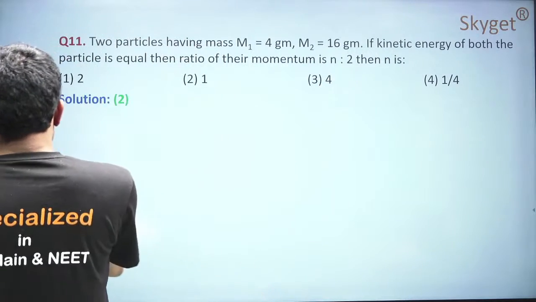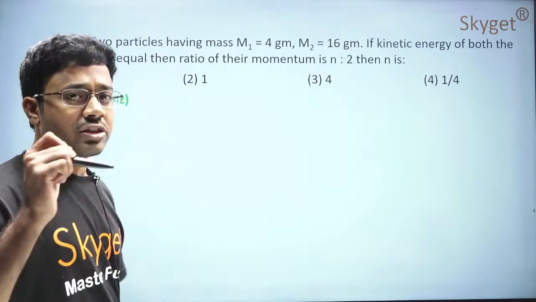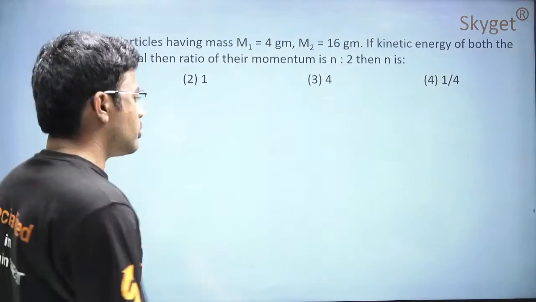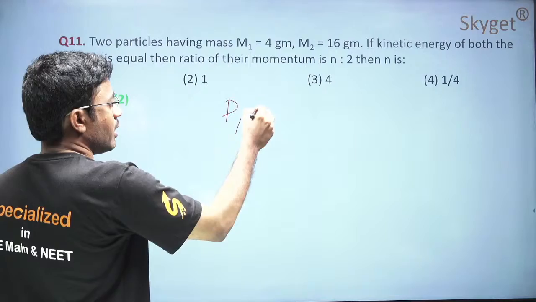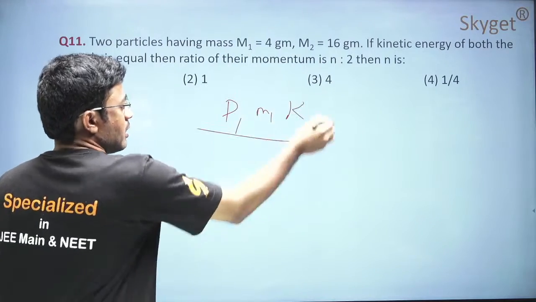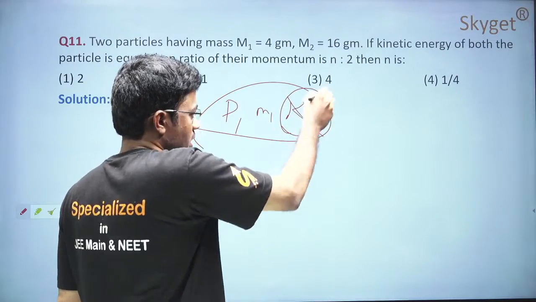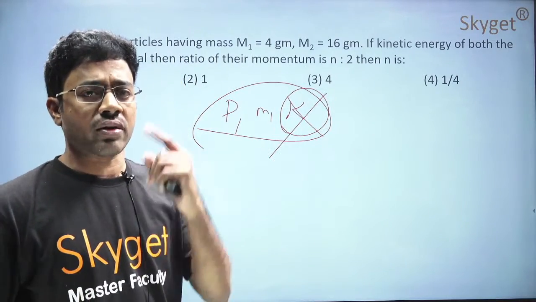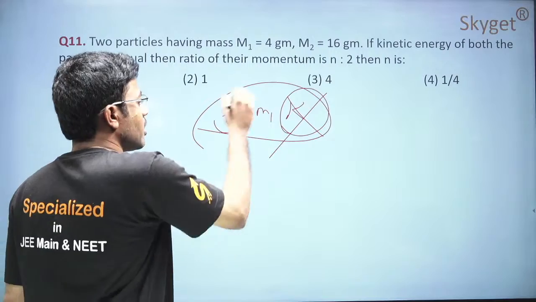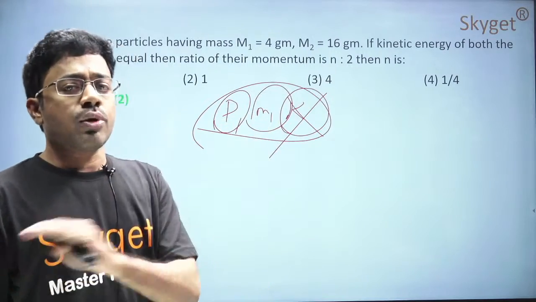What he has said here is that he is asking the relation between three quantities: the linear momentum, mass and the kinetic energy. But he has given that for those two masses the kinetic energy is the same, so this is taken as constant. So majorly you have to find the relation between the linear momentum and the mass of both the particles.